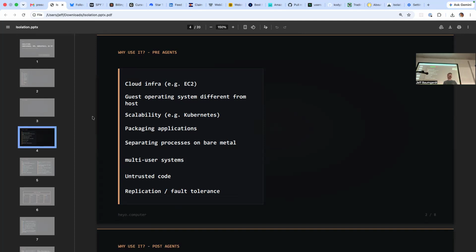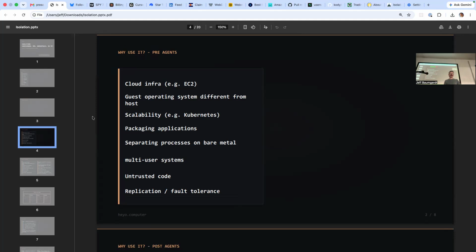Cloud infrastructure being a big one. If you've ever used Amazon's EC2 service, this is a virtual machine. They use something called the Nitro hypervisor. And then Google and Azure use something called libvirt, but they're all virtual machines. So they have their hardware, a hypervisor layer, and then the product that they give you is going to be a VM. This allows density in terms of multi-user systems.